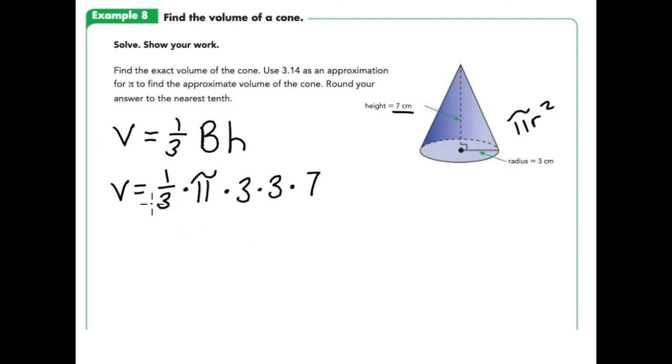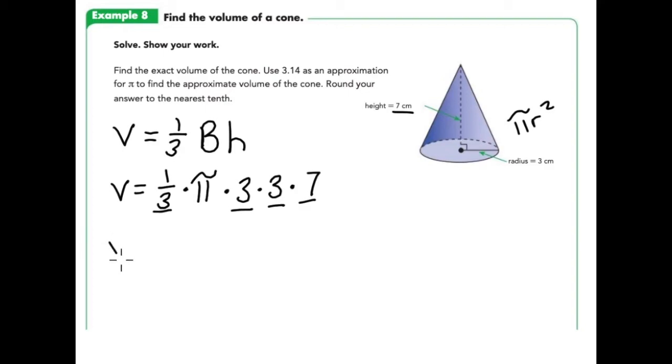Now we can multiply all of this in any order we want because it is multiplication. So we're going to multiply all of our numbers together, and then it's going to be something pi would be our volume. The first thing I'm going to do is 1/3 times 3. Well, 1/3 of 3 is 1, so that leaves me with 1 for those two. Then I'm left with 1 times 3 is 3. 3 times 7 gives me 21 total.